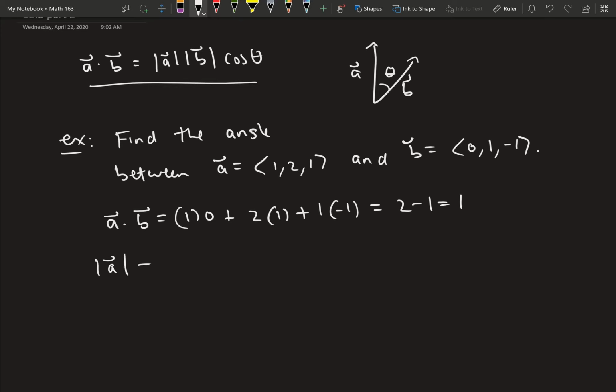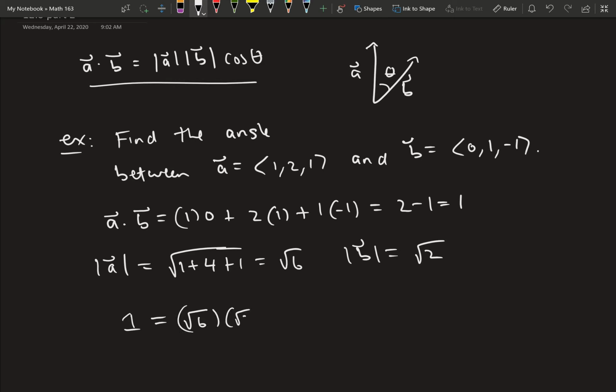The length of A is the square root of 1 squared plus 2 squared, which is 4, plus 1, which is the square root of 6. The length of B is the square root of 2. So we have that A dot B, which is 1, is equal to the square root of 6 times the square root of 2 times the cosine of theta.